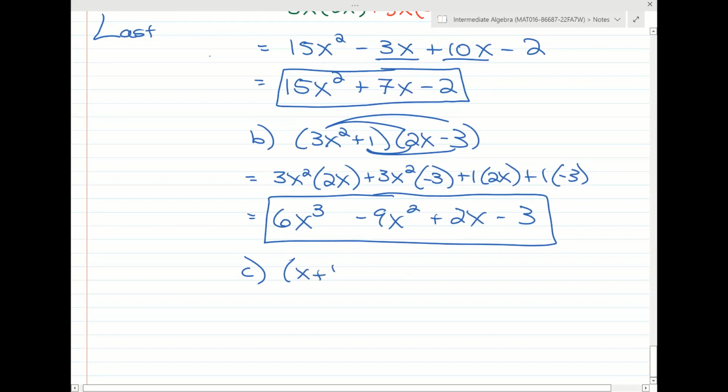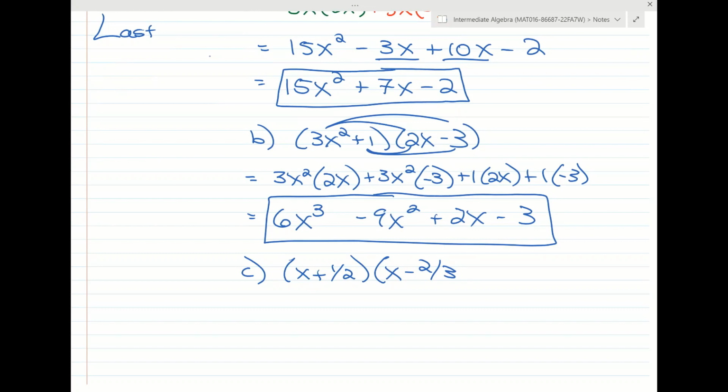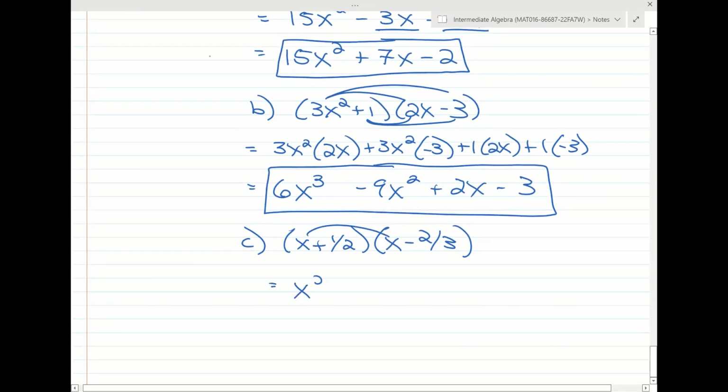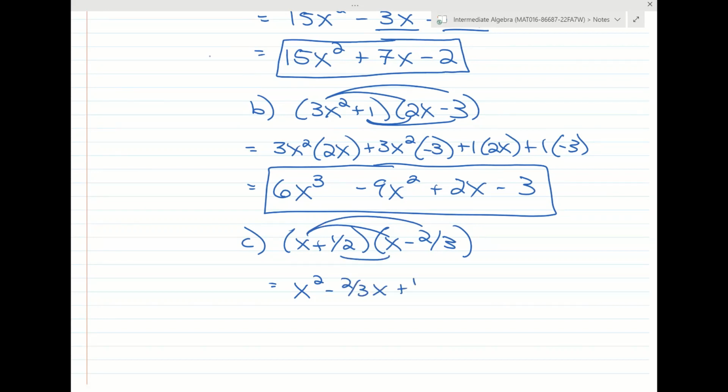If we had x plus 1/2 times x minus 2/3. Just like before, x times x, x times negative 2/3, 1/2 times x. 1/2 times negative 2/3 is negative 2/6.